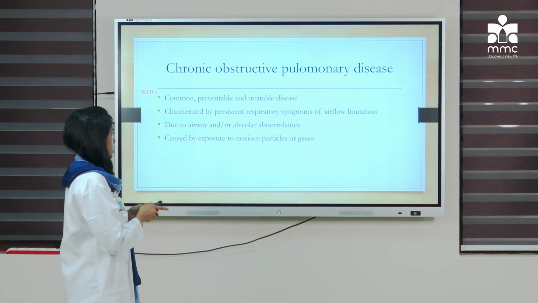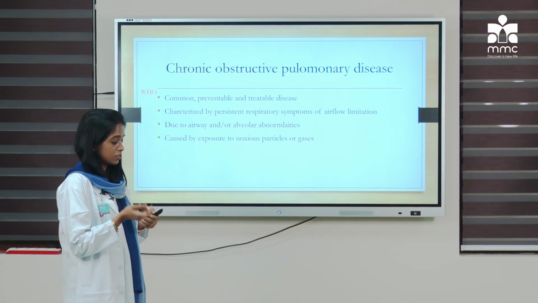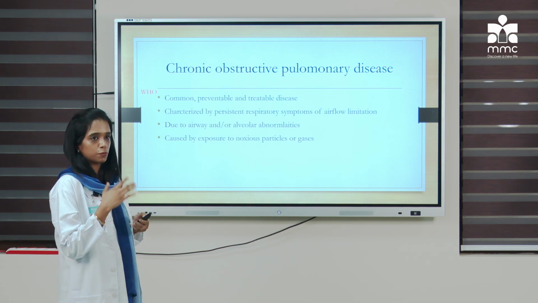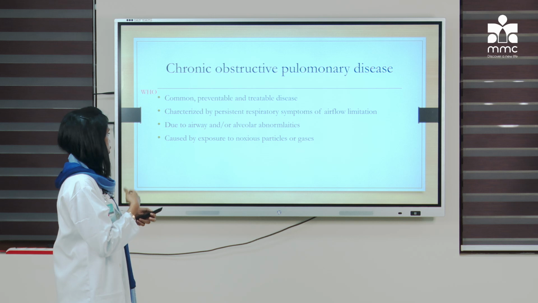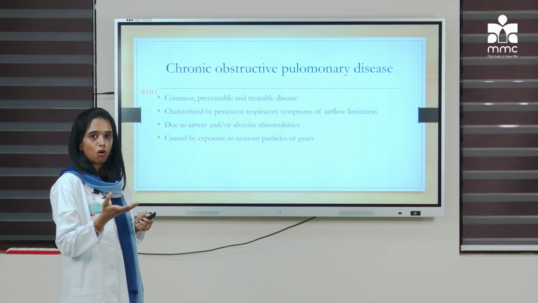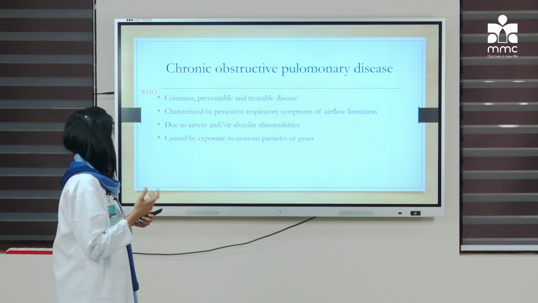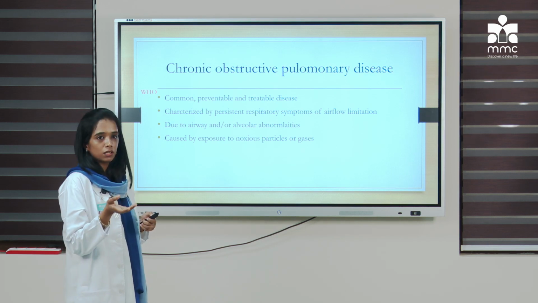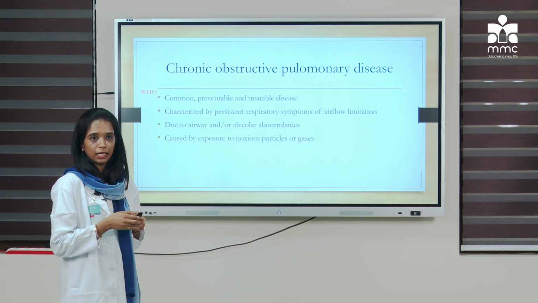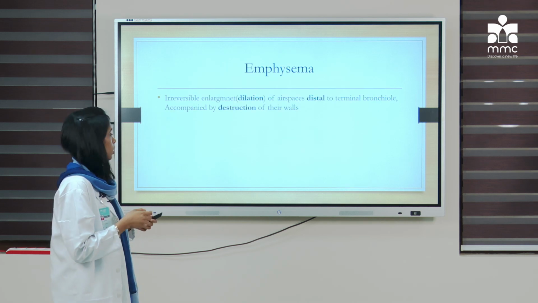It is characterized by persistent respiratory symptoms like wheezing, breathlessness and cough with expectoration, due to an airway or alveolar abnormality, caused by exposure to noxious particles or gases which irritate the lung, leading to the pathology.